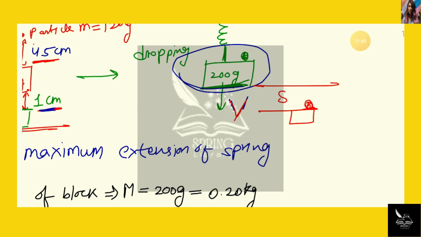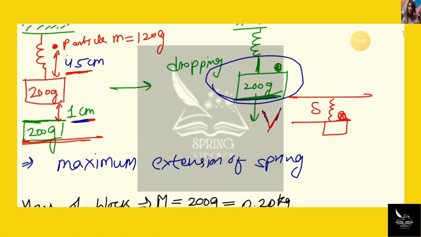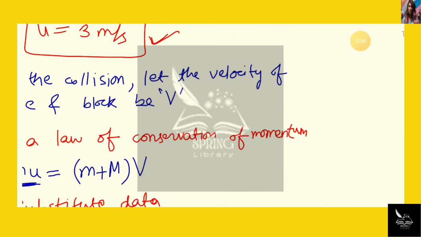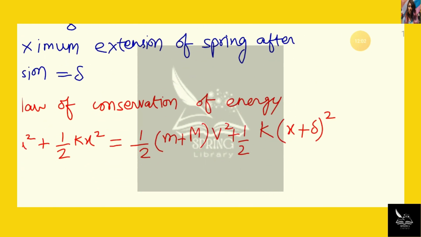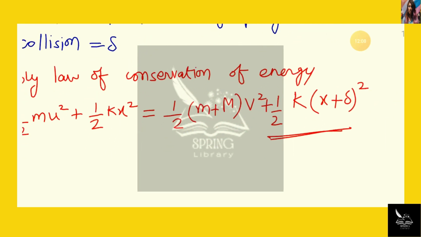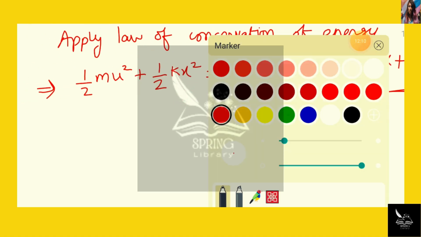So now I can say that the total spring extension, that is x, which is 1 centimeter, plus del after collision. So here I have written this spring energy at the final stage, that is half k multiplied by (x plus del) whole square. Now the next step is to substitute the data.